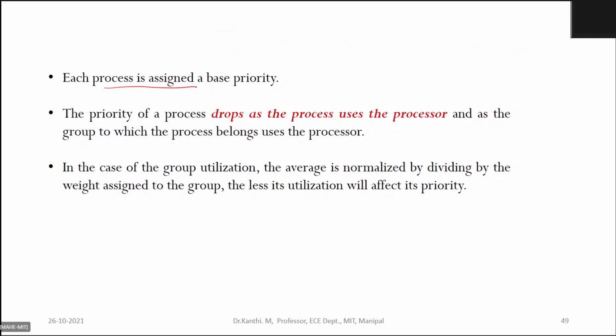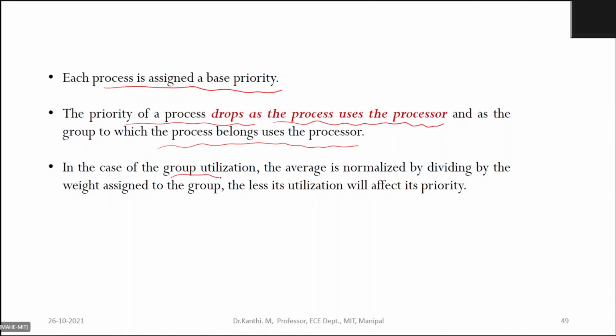So each process is assigned a base priority. The priority of a process drops as the process uses the processor. Please note this. For example, when I use the processor the first time, the priority of that particular process will drop, and the priority of the group to which the process belongs also drops.